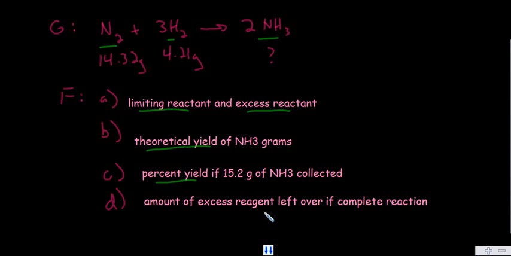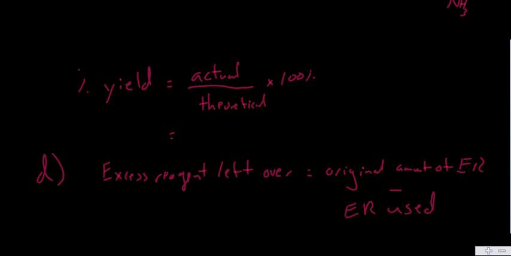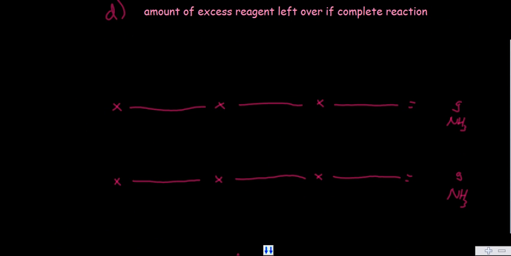So to work all of these things, I find that it's simplest if you go ahead and start out with the number of grams of each of the reactants that you started with. So you start with 14.32 grams of nitrogen, and you also start with 4.21 grams of hydrogen.